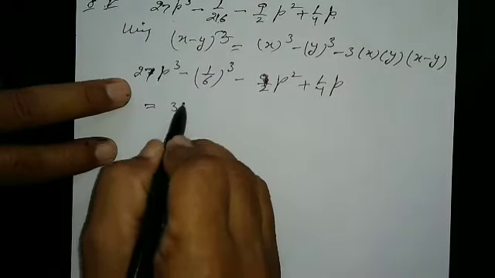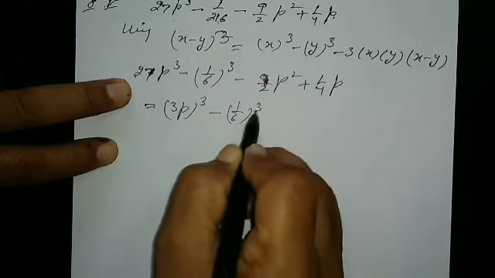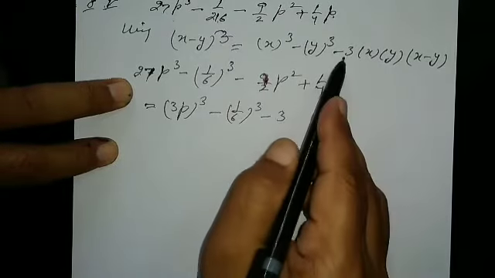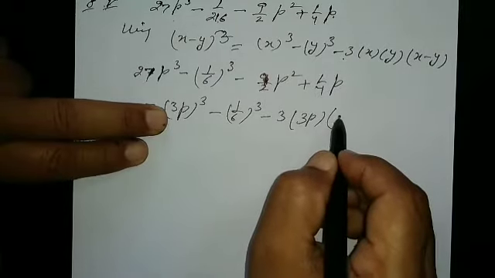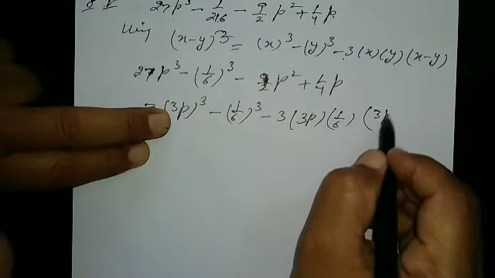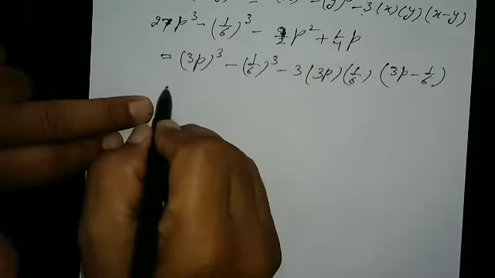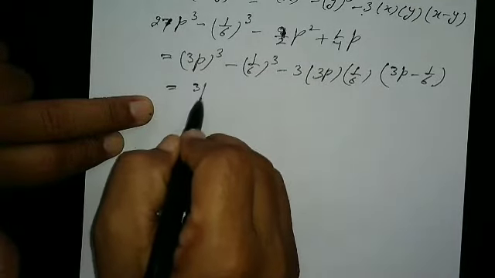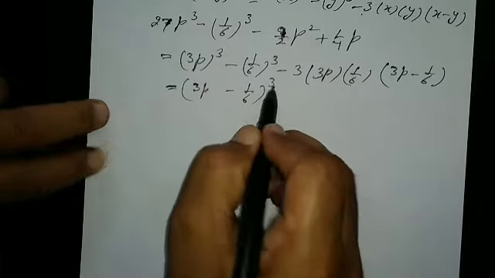This can be written as (3p)³, this is (1/6)³. 3 into first is 3p, into second is 1/6. First minus second, first 3p and second 1/6. And you will get this first and this second and the whole cube.